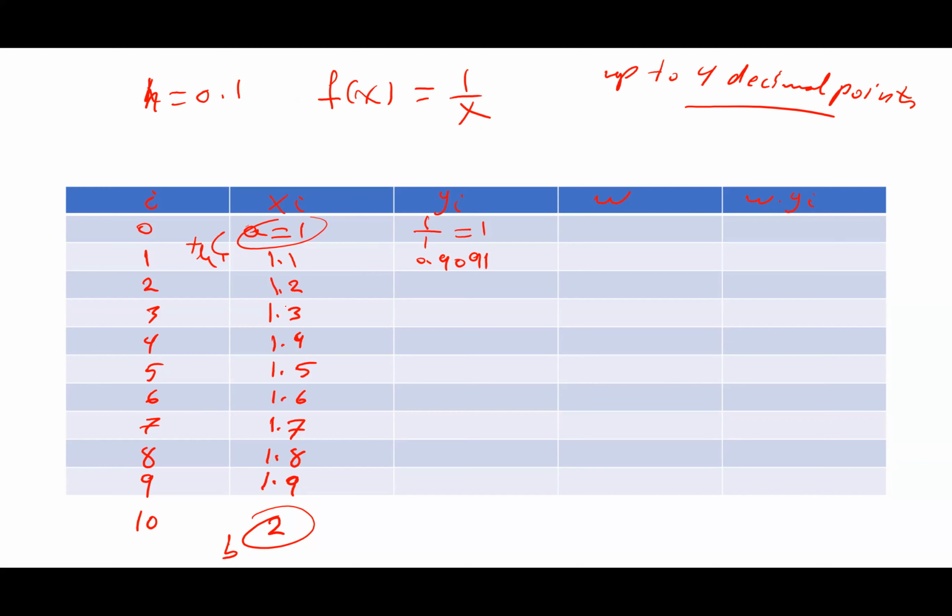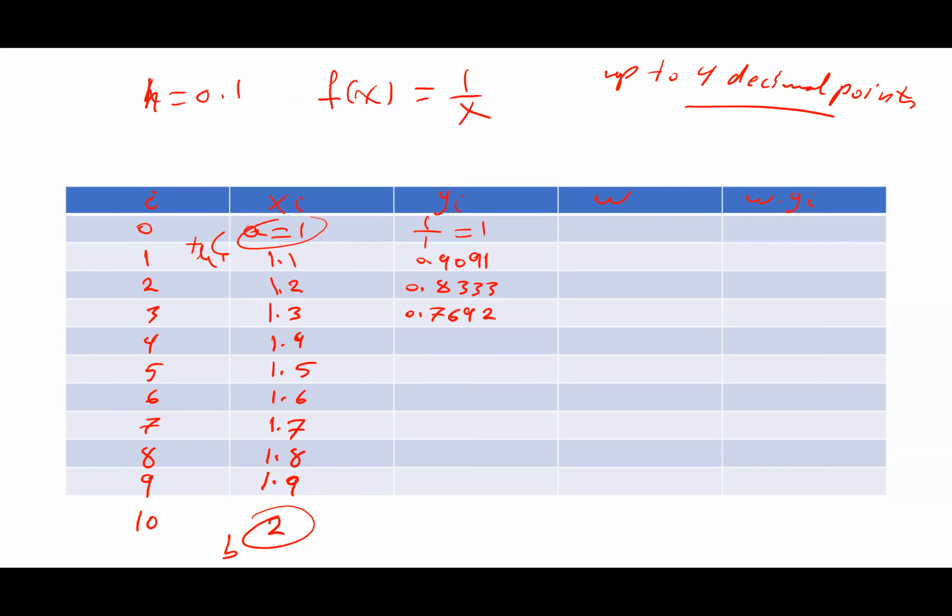Now, if it is 1.2, 1 divided by 1.2, you will have 0.8333. If it is 1.3, the value 1 over 1.3 is 0.7692. Use the calculator to find these values.